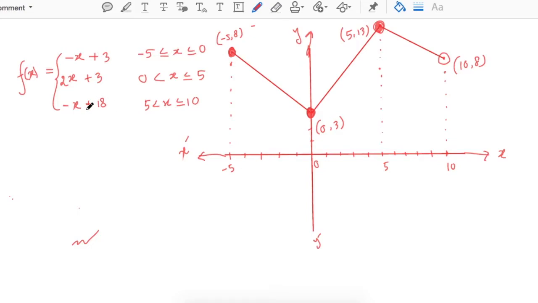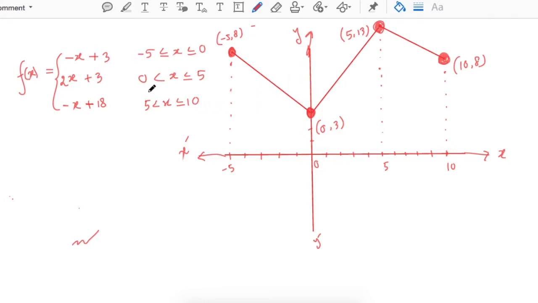The initial point of the third line is (5, 13), and when x equals 10, then it will be -10 plus 18, which is 8, so the point (10, 8), and we need to fill it because the third line will end here. This is the end of the third line.